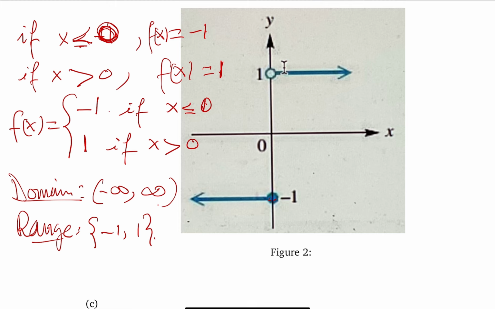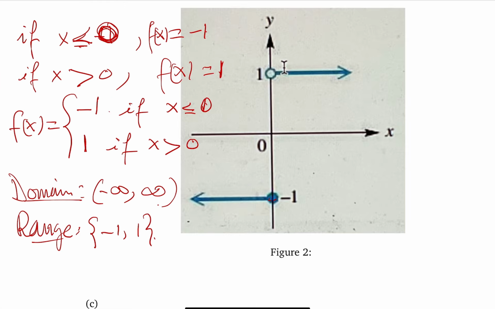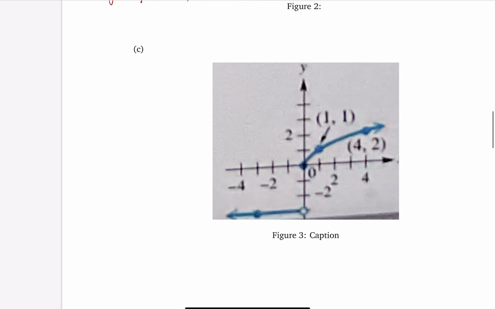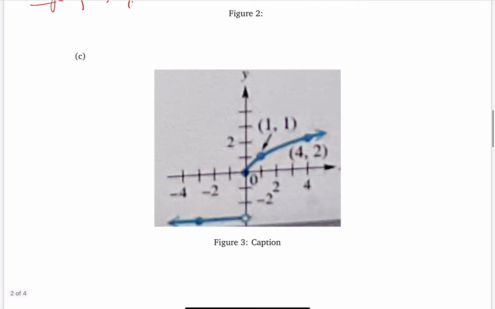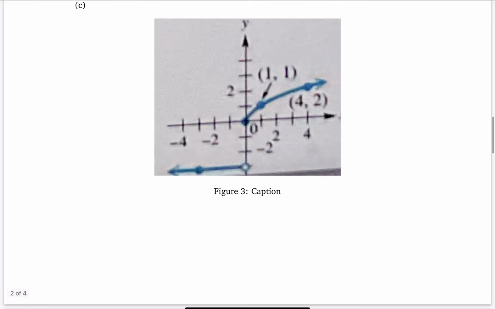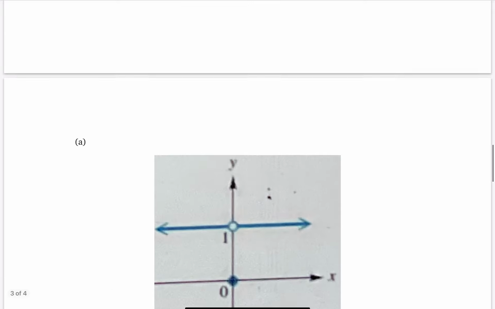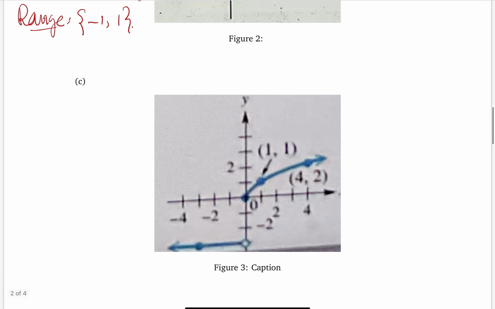Okay, now let's do the next one. The next one is this one, part C. I know this one is easy for you.